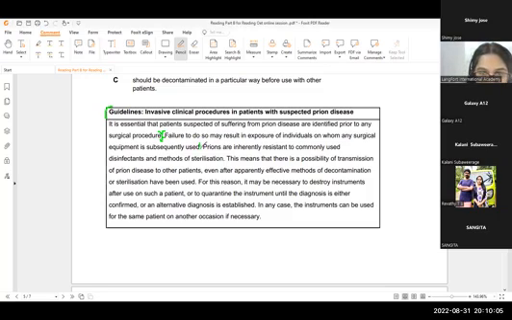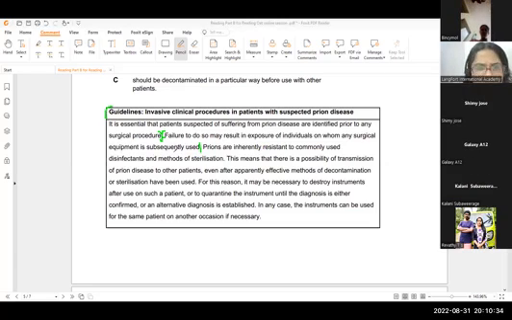Failure to do so may result in exposure of individuals on whom any surgical equipment is subsequently used. So if you don't check and ensure that, it may lead to individuals being exposed to this particular disease.